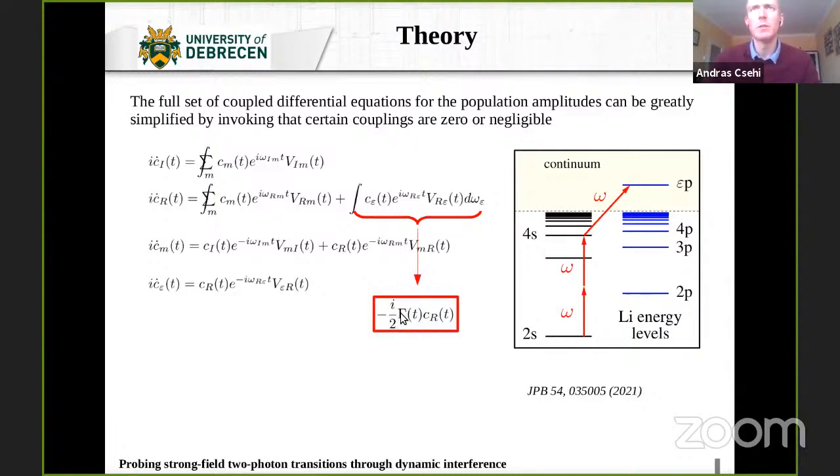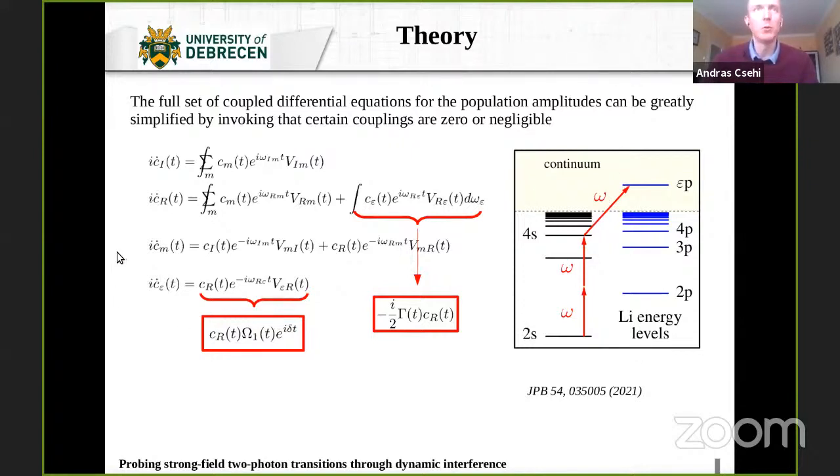So it describes the population loss of the R state. Or by invoking the rotating wave approximation, we can simplify this term here. Here, omega 1 is the one photon Rabi frequency, basically the coupling to the continuum.